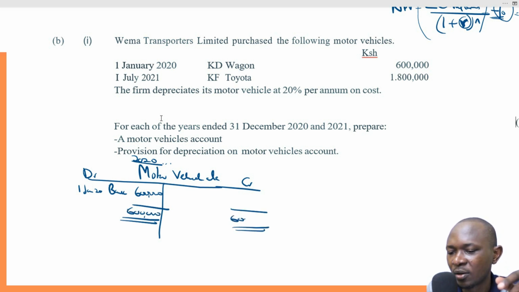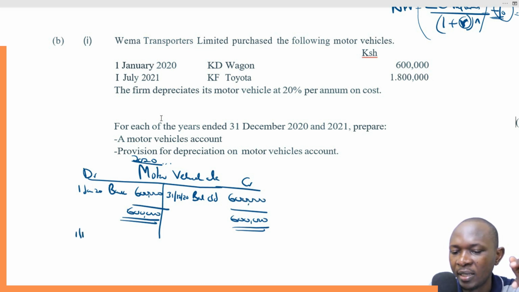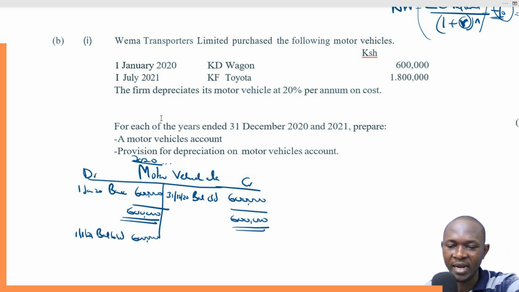Talk of starting a question and finishing it there and then. So we come here and say 31st December 2020, balance carried down 600,000, and then 1/1/2021, balance brought down 600,000. So we are done. This is now the 2021 motor vehicle account.